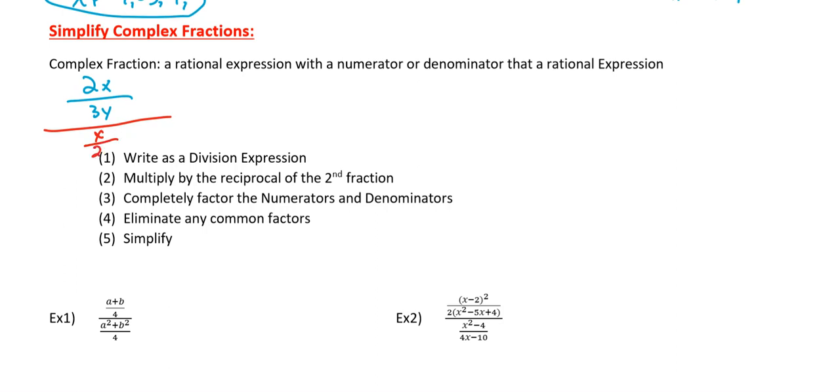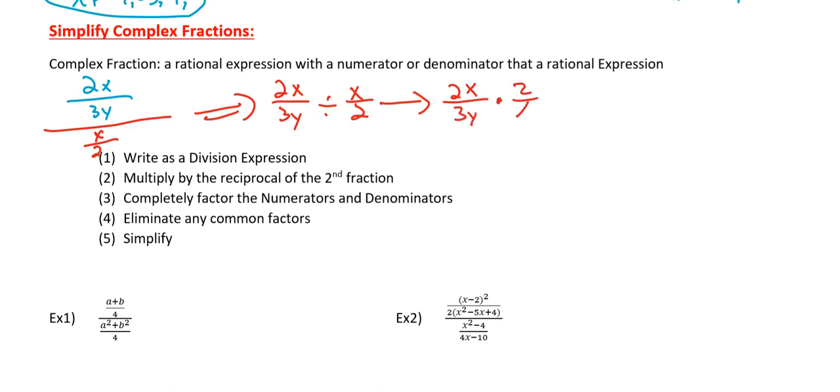Two fractions again, but both of them will have rational expressions and everything pretty much. So again, you would convert this. The first one will stay the same, and you're dividing that by x over 2. Rewrite it as multiplication, and then you would follow the process for multiplication as we have been throughout.